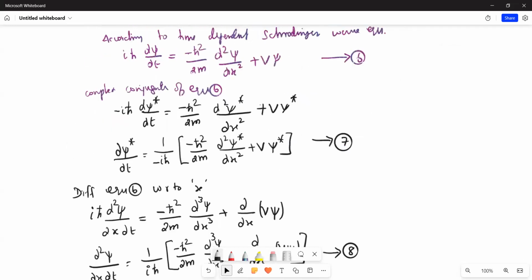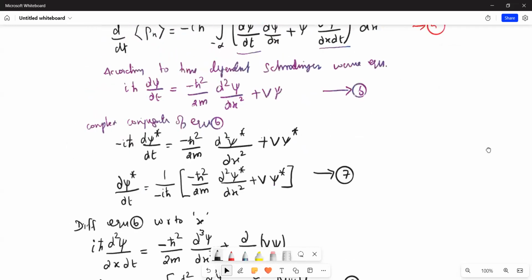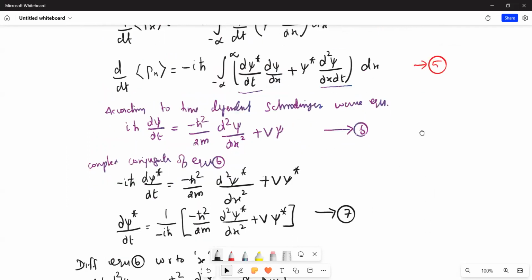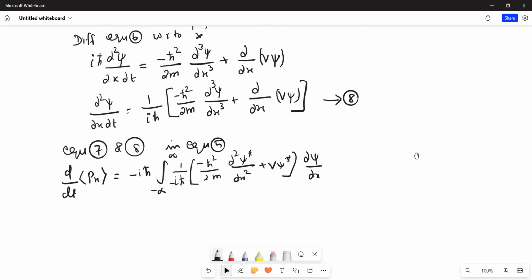So in this part we take equation number 5, this part we applied, and this is also there. The next step is also there, plus ψ*.